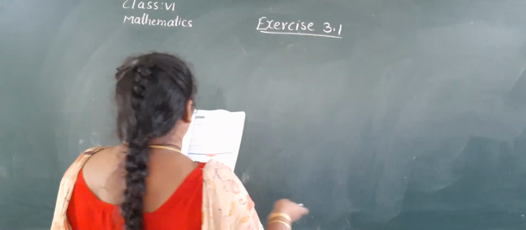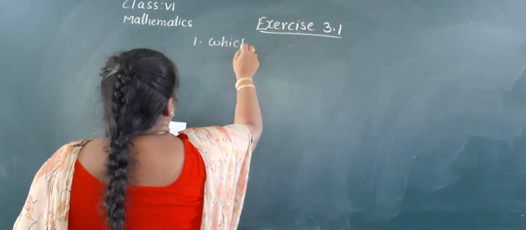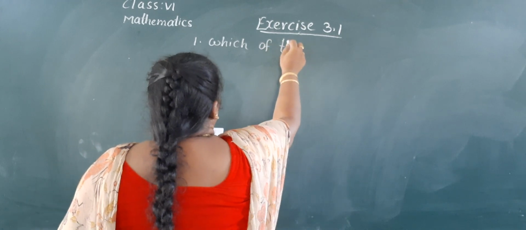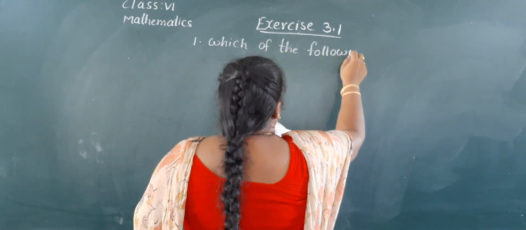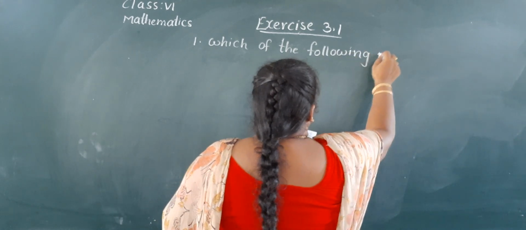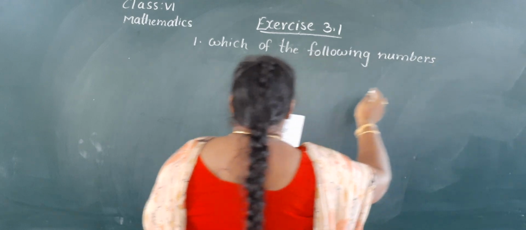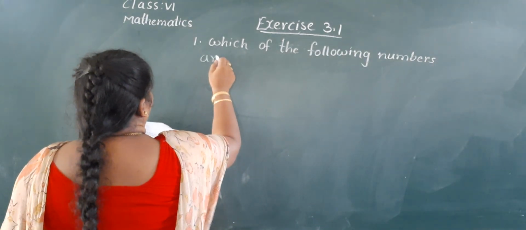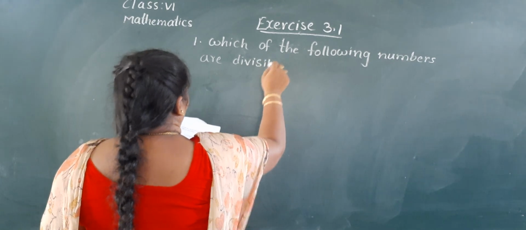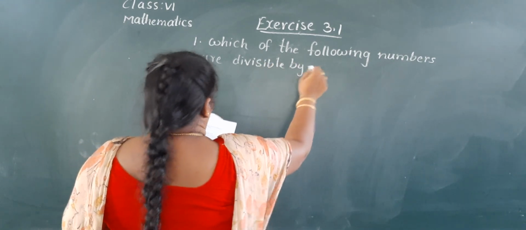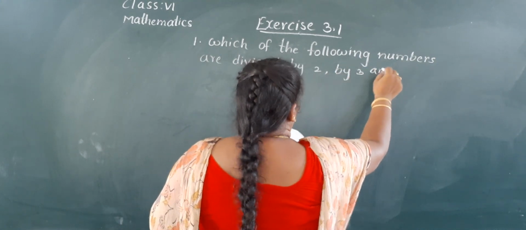First question. Which of the following numbers are divisible by 2, by 3 and by 6?